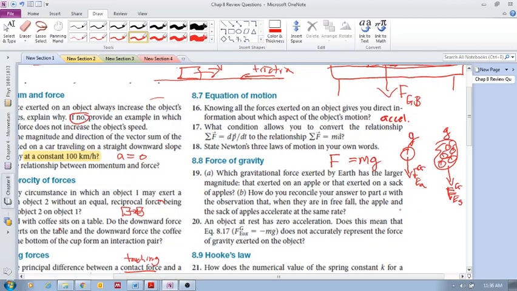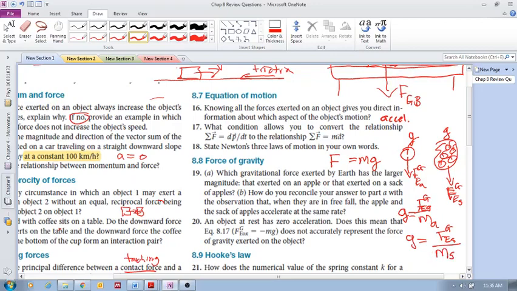Well, if we consider this equation, g is equal to F over m. So, if we say g is equal to F, let's call this F_g of the apple, over m of a single apple. We also have g is equal to F_g of the gravitational force on the sack of apples divided by the inertia of the sack of apples.